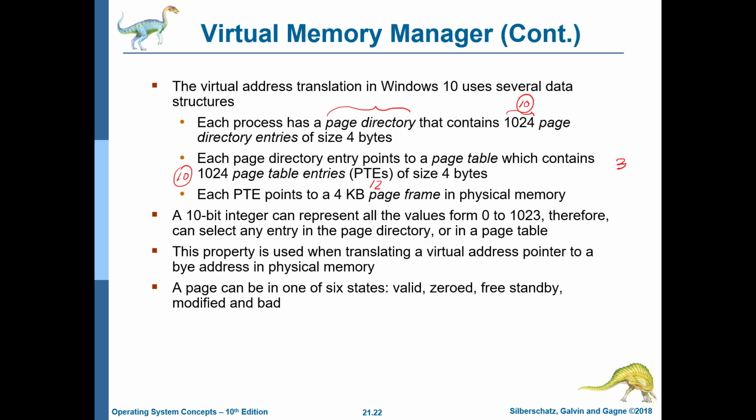So this is the scheme for a 32-bit addressing architecture. But for a 64-bit architecture, we will have more levels. Every page in Windows 10 can either be valid or it could be zeroed out. Note that it is very important to zero out the contents of pages.